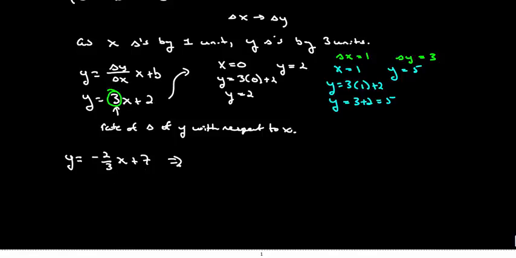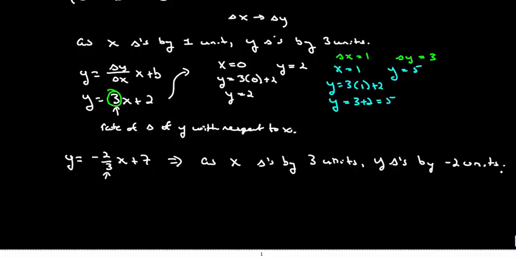What we know here is that as x changes by 3 units, y changes by negative 2 units. Watch, I'll give you another example. It's easiest just to start out when x is equal to 0. So when x is 0, y is just the intercept. Y is 7. And now, I just made up this equation, guys. It didn't come from anywhere, okay?